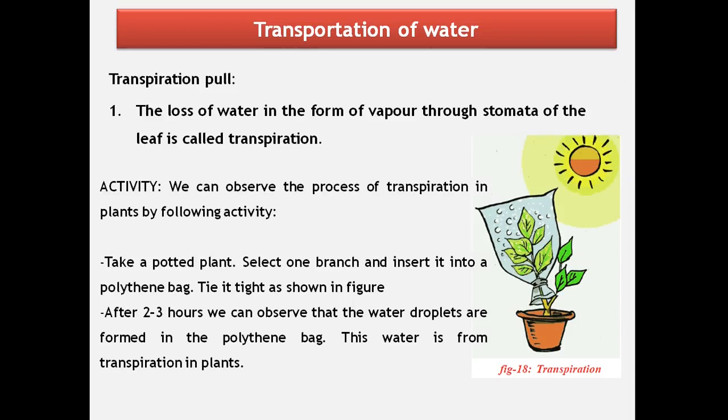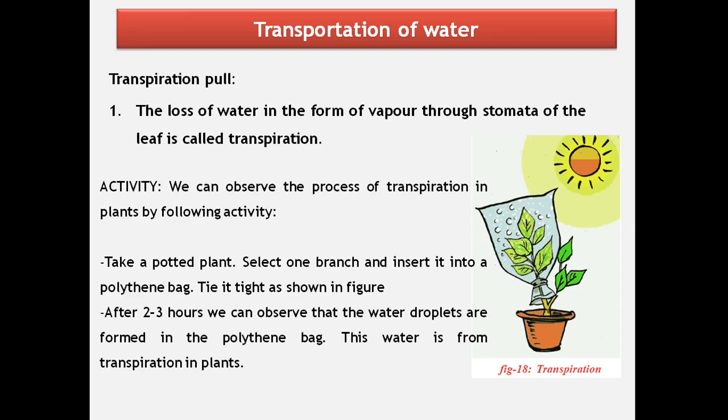Now, moving on to the second factor, that is transpiration pull. Root pressure pushes water upwards by a few meters and is enough to supply water to the leaves in small plants and small trees. But what about tall trees like eucalyptus, which are 180 meters high?